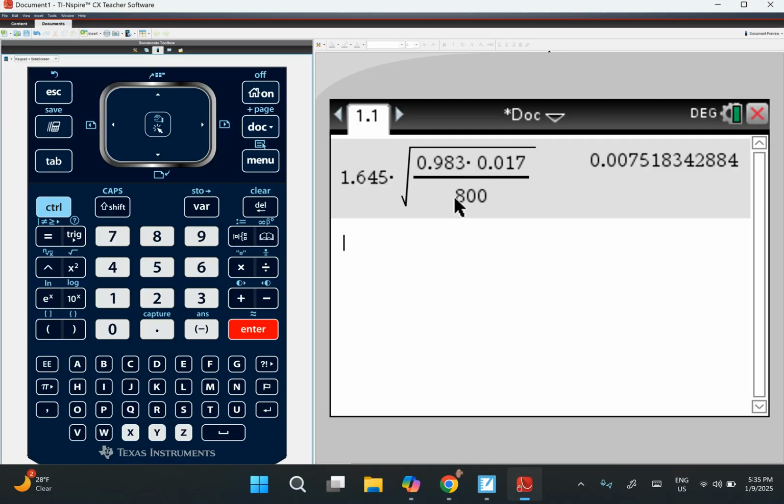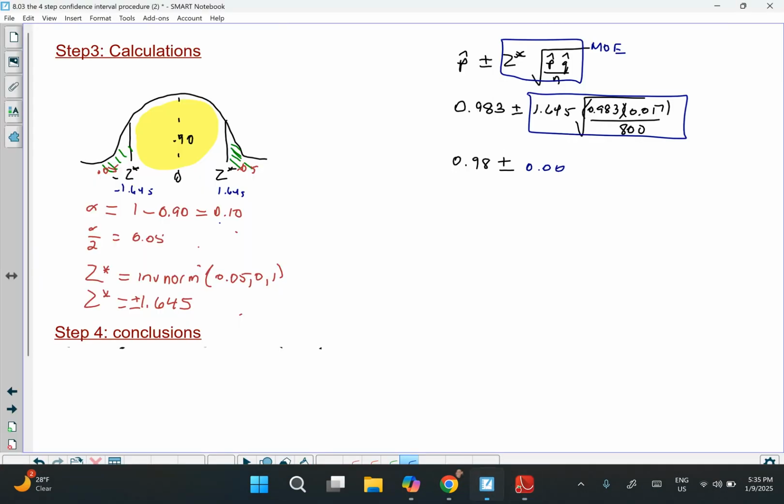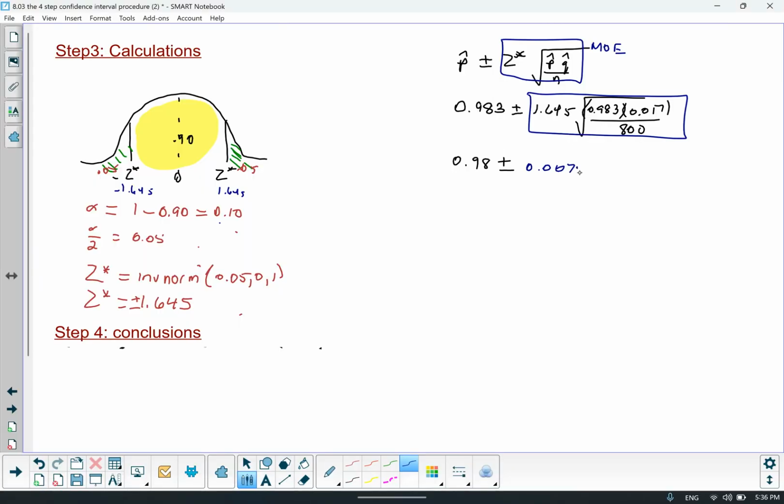Let me just double check that. 0.0075. So the lower limit is 0.98 minus 0.0075, and the upper limit is 0.98 plus 0.0075.